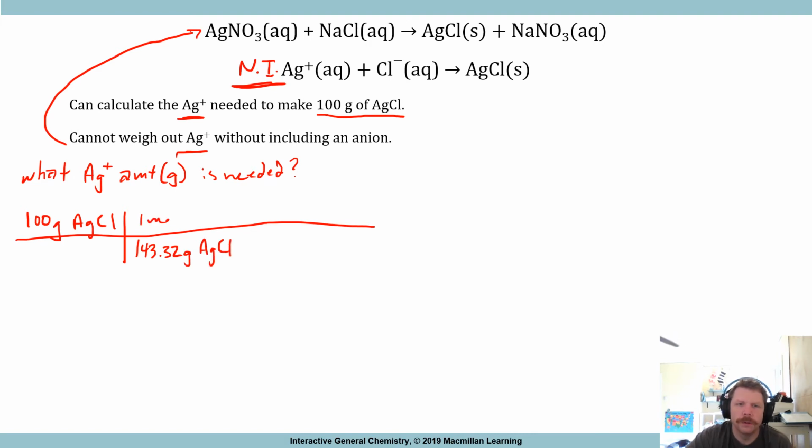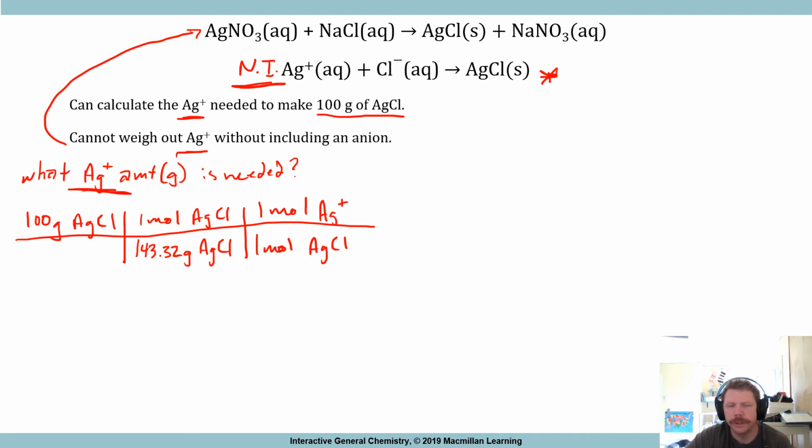That's 1 mole of AgCl. Now I'm going to look at my net ionic equation because I want to know the mass of silver ions specifically. So I'm going to say 1 mole of AgCl is going to come from 1 mole of Ag plus ions.